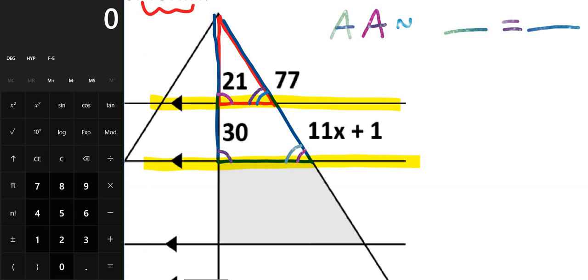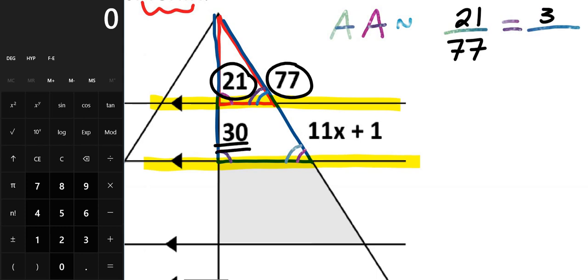So I'm going to match up 21 with 77, the two top pieces, left and right. In the same way, 30, which is the bottom piece, matches up with 11x plus 1. Here's a proportion, and we're going to solve.